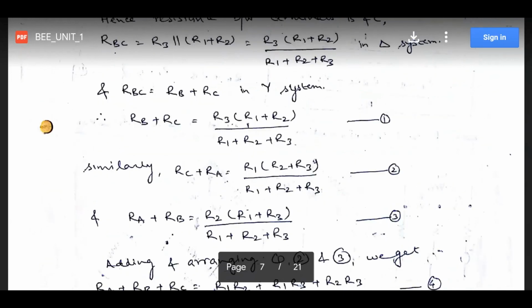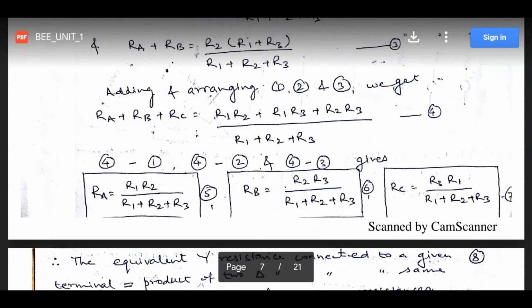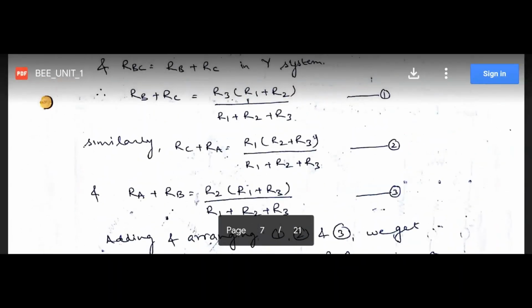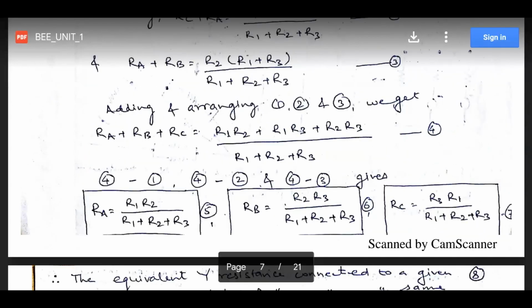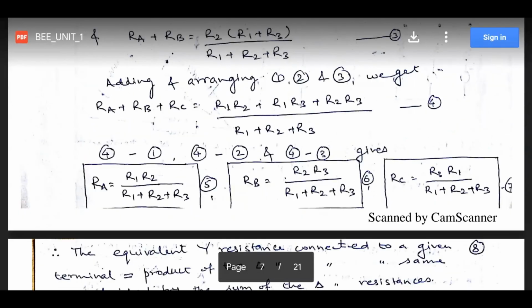So equation number 4 gives RA plus RB plus RC, and equation number 1 gives RB plus RC. So if equation number 1 is subtracted from 4, we will get RA, isn't it?